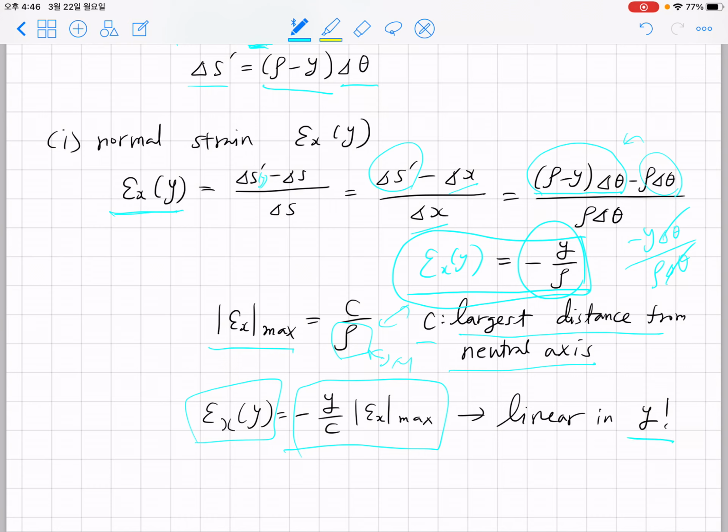Okay, and what you can see here is that we have additional complexity compared to when we were considering torsional loading. Shear stress and shear strain turned out to be linear functions of rho. At the time, rho was the distance from the center, but in torsional loading we have only one kind of shear stress, only a positive sign.